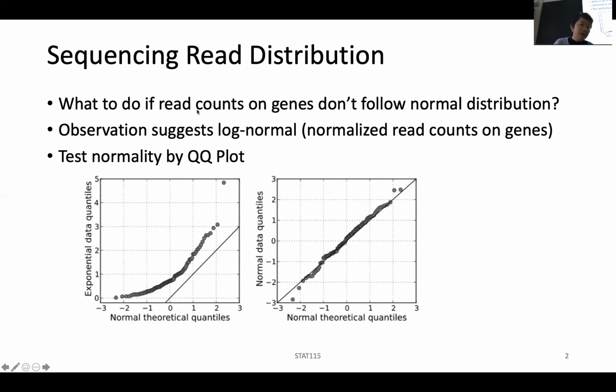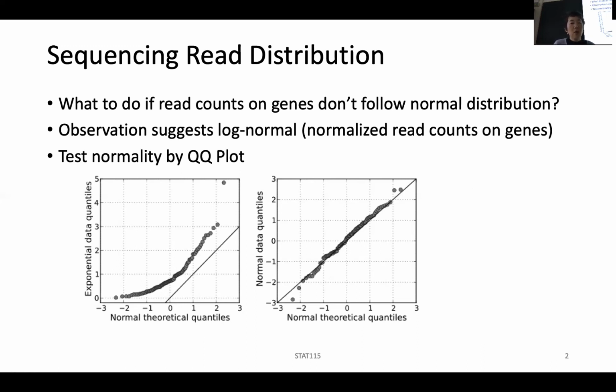Then if you look at the observed quantile, or the observed data range or distribution, versus the theoretical quantile, if it agrees with the theoretical quantile on this line, that's an indication that you do have a normal distribution. However, if the raw data looks like this, then you know you shouldn't use a normal distribution test.